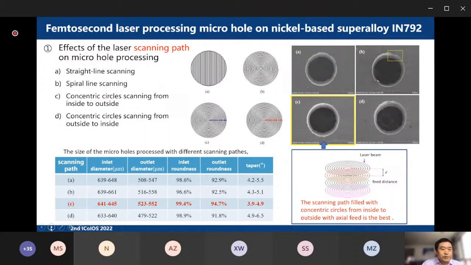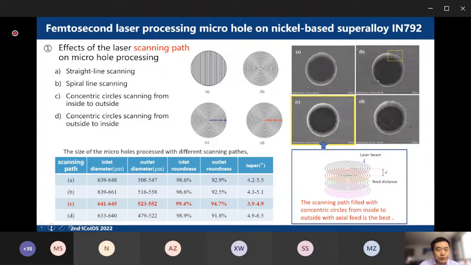So we first researched femtosecond laser processing of micro holes on nickel-based superalloy. First, we researched the scanning path of the focus: straight line, spiral line, concentric circle scanning from inside to outside, and concentric circle scanning from outside to inside.